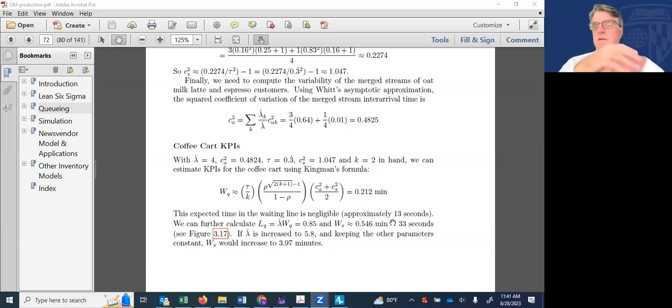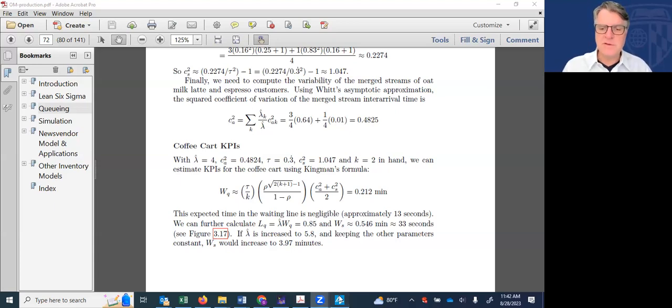They are going to compete for the barista. Although the espresso customers get faster service, they are in the same line as the latte customers, because we're pooling the servers. We're not dedicating one barista for the espresso folks and one for the latte customers.